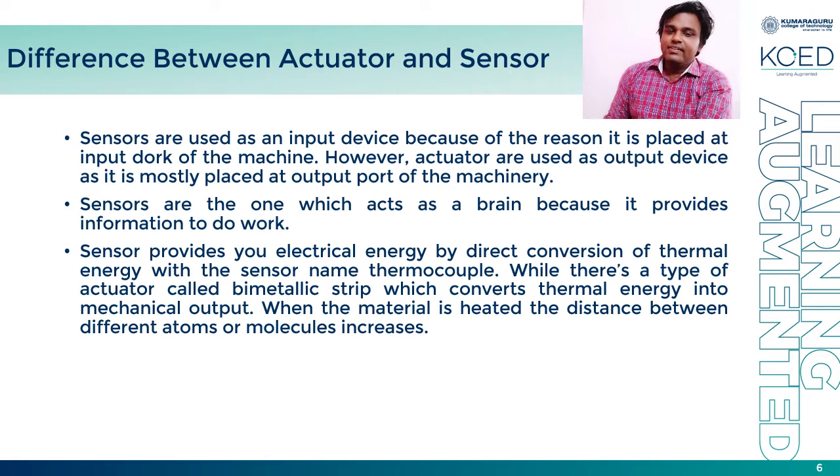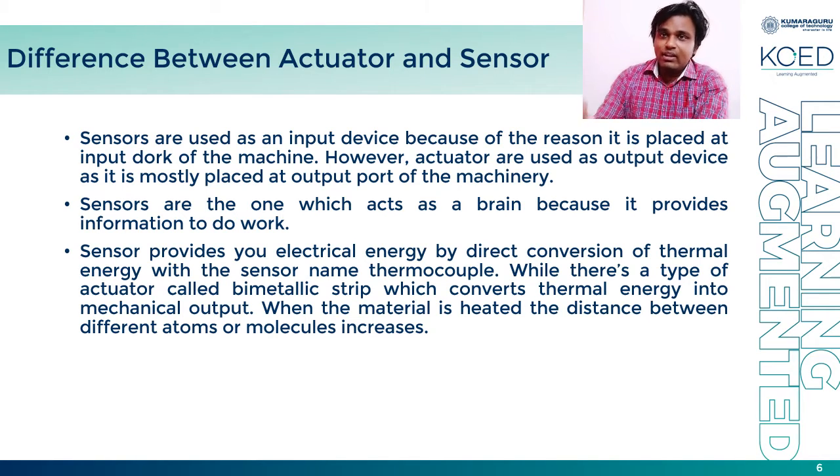Difference between sensors and actuators. The sensors are used as input devices because they provide input work to be done on the machine. However, the actuators are used as output devices and mostly placed on the output port of the machinery. The sensors act as a brain because they provide the information to do work.